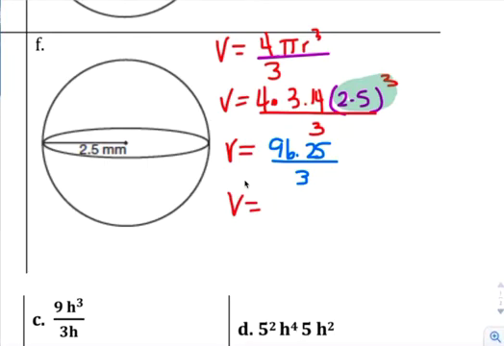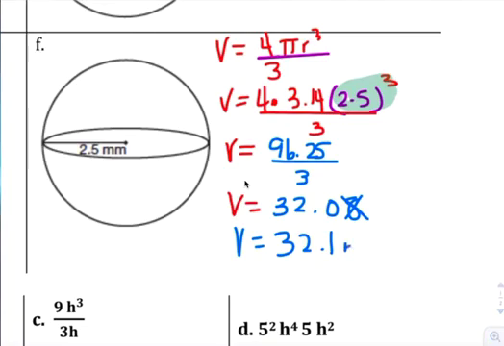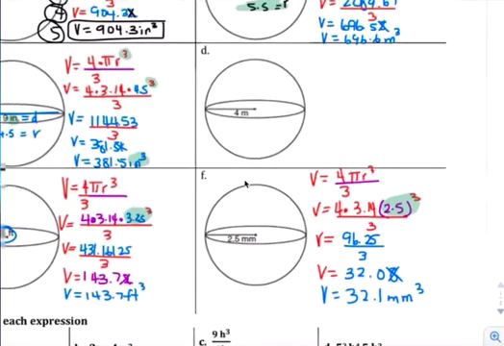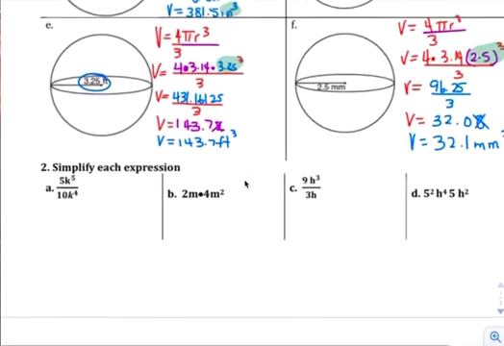Okay, let me use my calculator again. 96.25 divided by 3, you get 32.0833 repeating, this is an 8 rounded to the nearest tenth. It's 32.1 millimeters cubed. Do this on your own on D. I'm going to leave that blank.